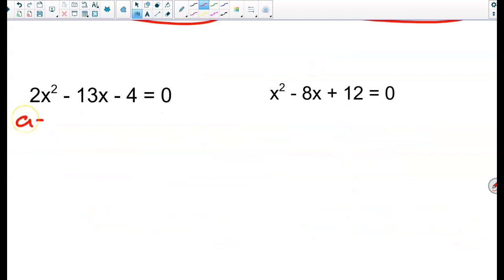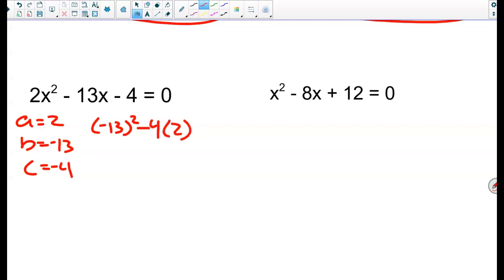So now the next one, a equals 2, b equals negative 13, and c equals negative 4, right? We always keep our signs. So negative 13 squared minus 4 times 2 times a negative 4. Negative 13 squared is 169. 4 times 2 is 8. 8 times a negative 4 is negative 32.